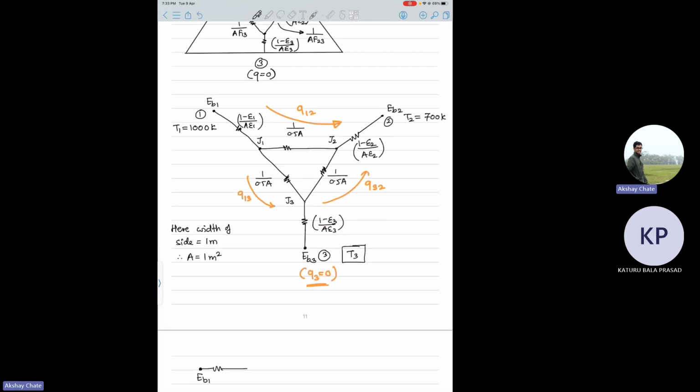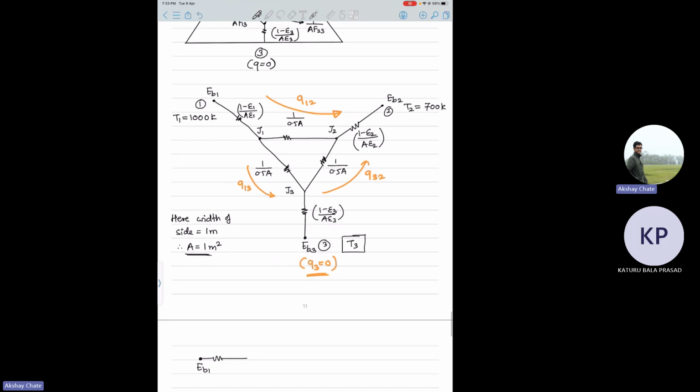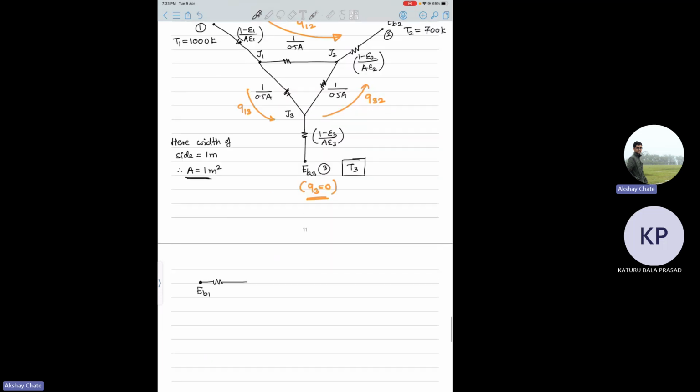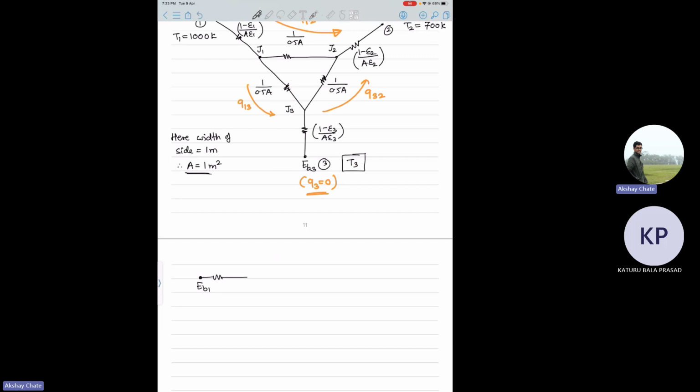So this is 1 minus 0.33, and I think we can take area as 1, because the side is length 1 and we want per unit length, right? So we'll take A as 1 meter square. So in that case, what is your first resistance? That is 1 minus 0.33 divided by 0.33, and this will be your J1.